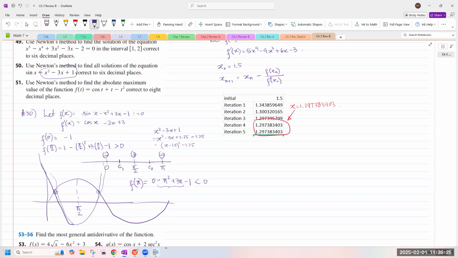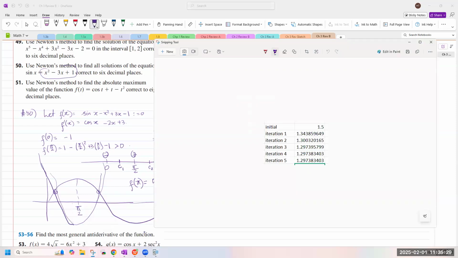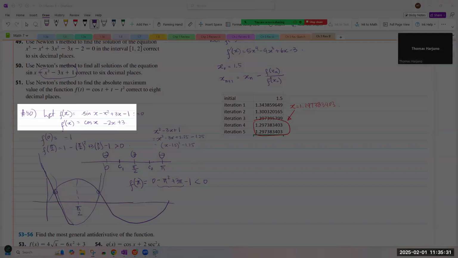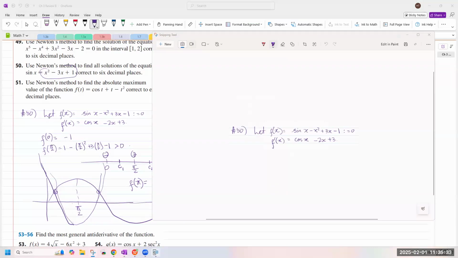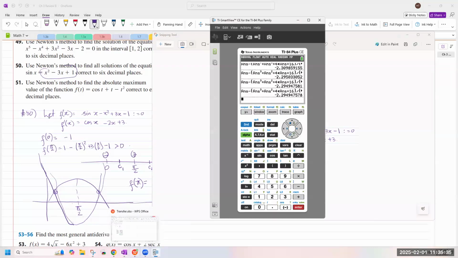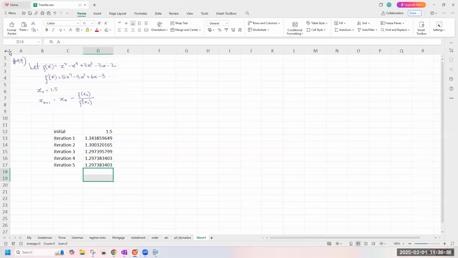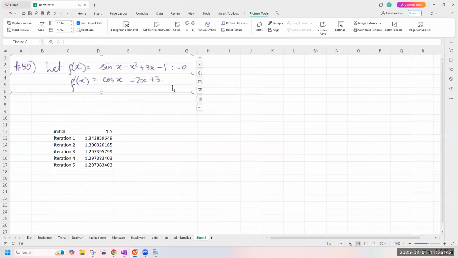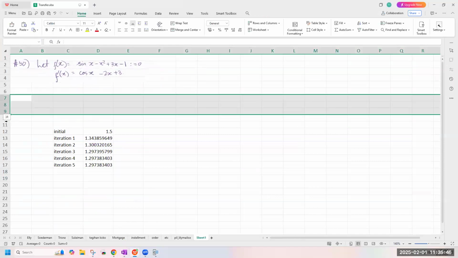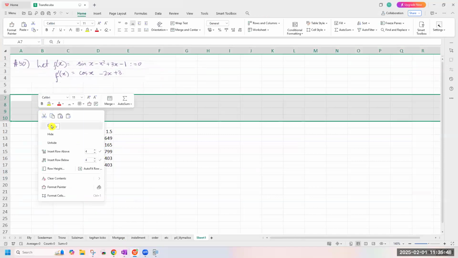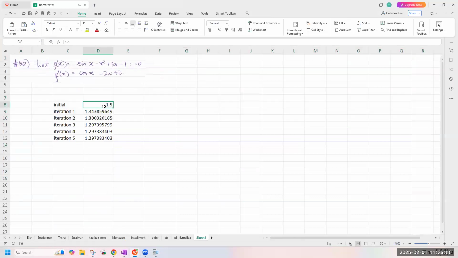Okay, let's go back to our Excel file. Oh, the Excel file is here. I'll make it smaller. Maybe I use an initial number of 1, but hold on, I need to fix this though.